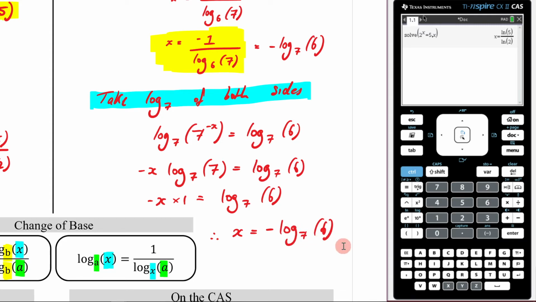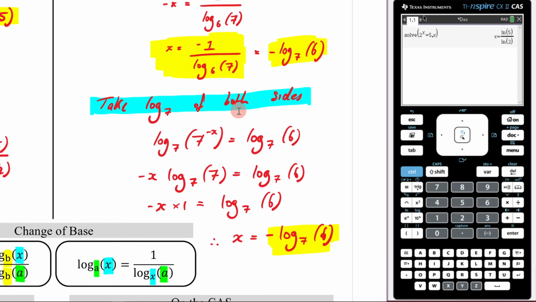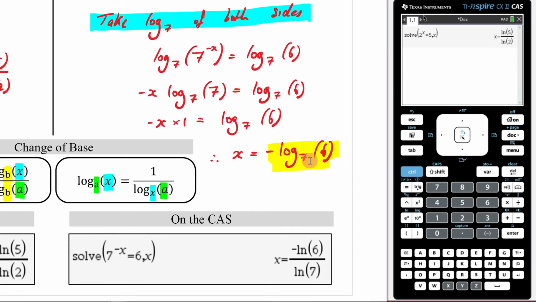Do you see how that is the same? This right here is the same as what we got up here. It's really the same as doing it the very first way we did it, where we just wrote it straight as a log. Negative log base 7 of 6.